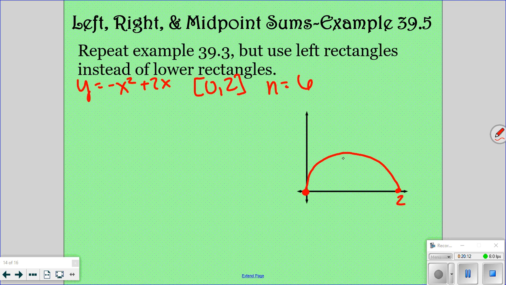Okay, so we divide it into 6 pieces. And then it says use left rectangles instead of lower. So all of the rectangles have to start from the left. So this one would go like that.